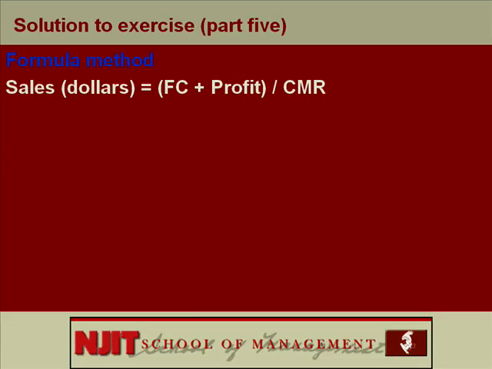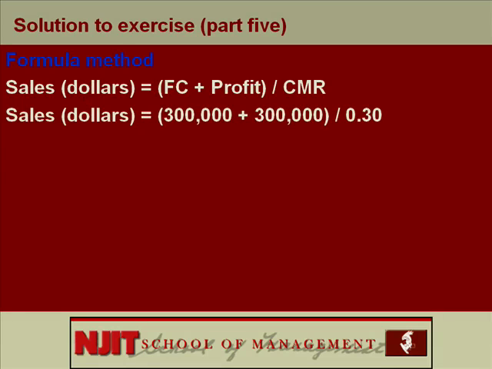So sales in dollars is fixed cost plus profit, the whole thing divided by contribution margin ratio. So sales in dollars, the fixed cost is 300,000. The profit they want to make is 300,000. The whole thing divided by contribution margin ratio, which is 0.3. So the answer is sales in dollars is 2 million.